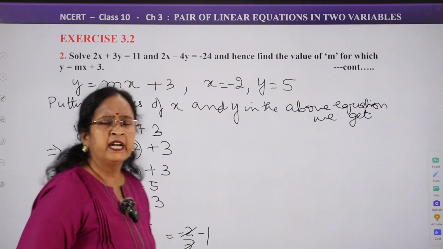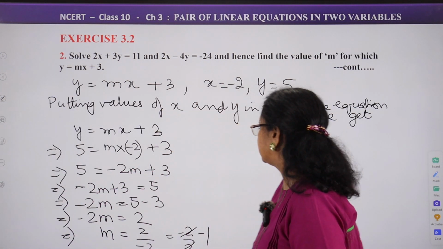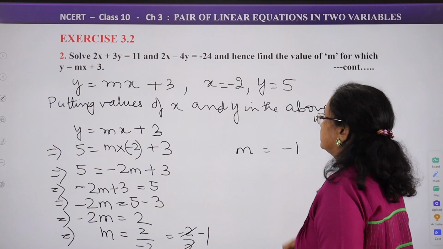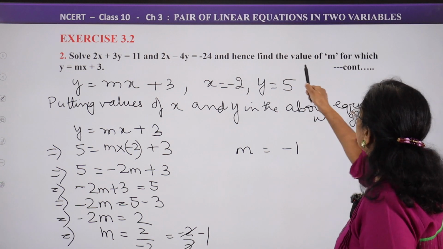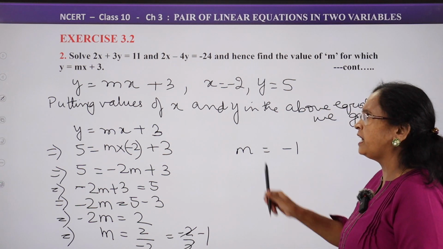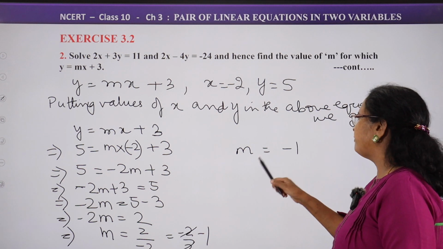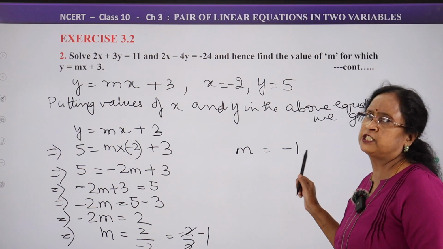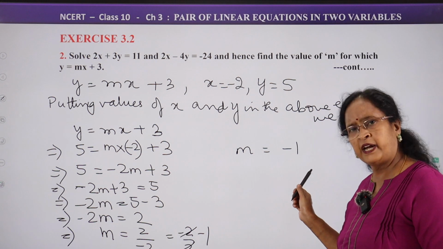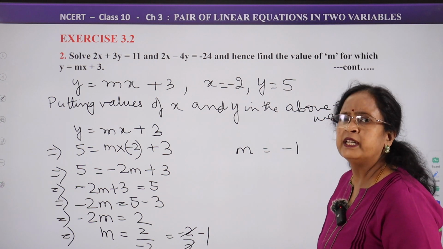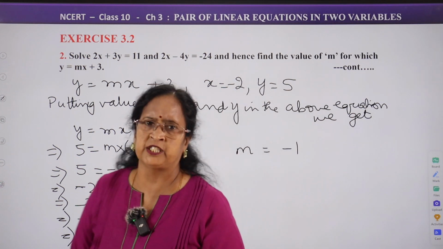So what did we get the value of m as? M is equal to minus 1. So, find the value of m, the last question after solving for x and y. The value of m is minus 1. Okay? Done. Now, this is the way we solve these kind of questions.